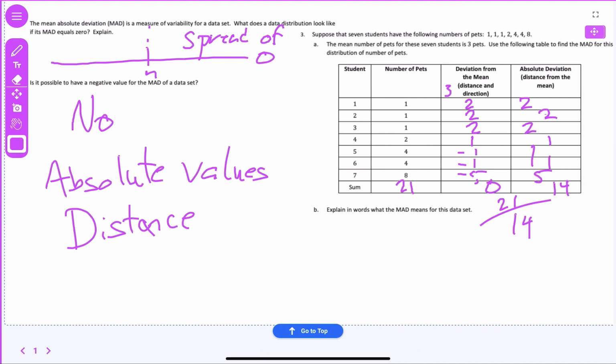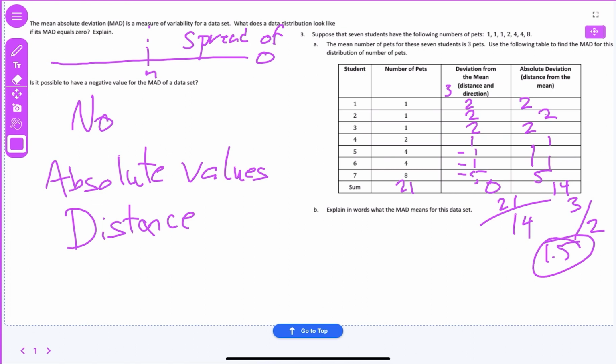Sum divided by the total distance is what? Should be 1.5, right? Because we could reduce both of those by 7 and we would get 3 halves, which is 1.5.